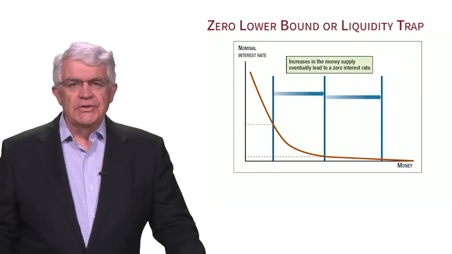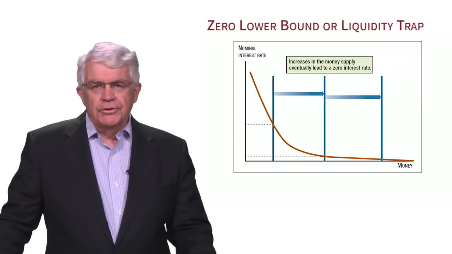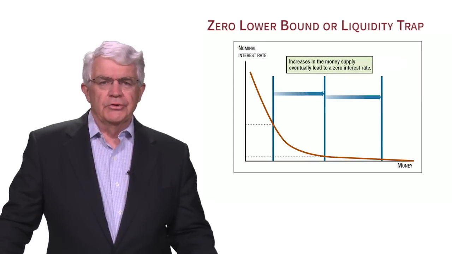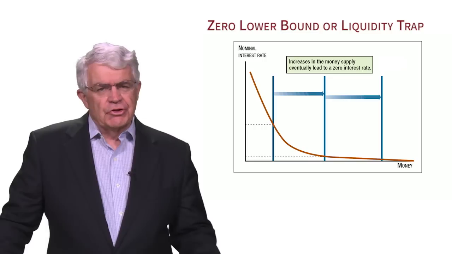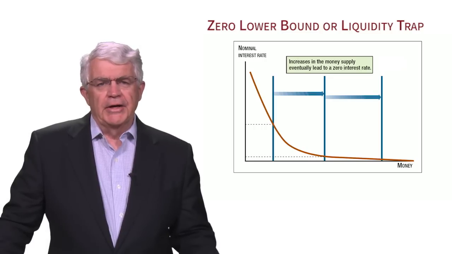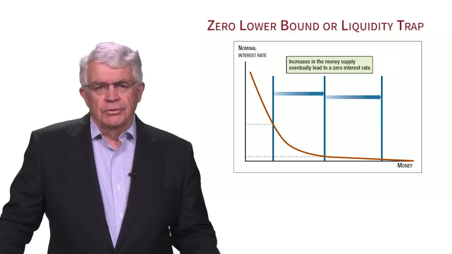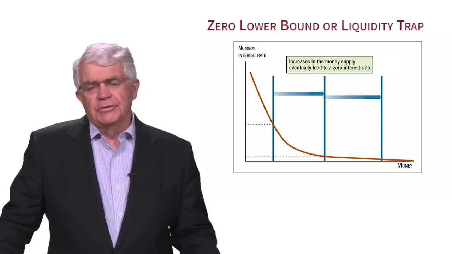And then finally, let's consider this idea of the lower bound on the interest rate, sometimes called the liquidity trap. It can be illustrated with the same kind of diagram with the money demand curve, represented by the downward sloping line, money on the horizontal axis and the interest rate on the vertical axis.